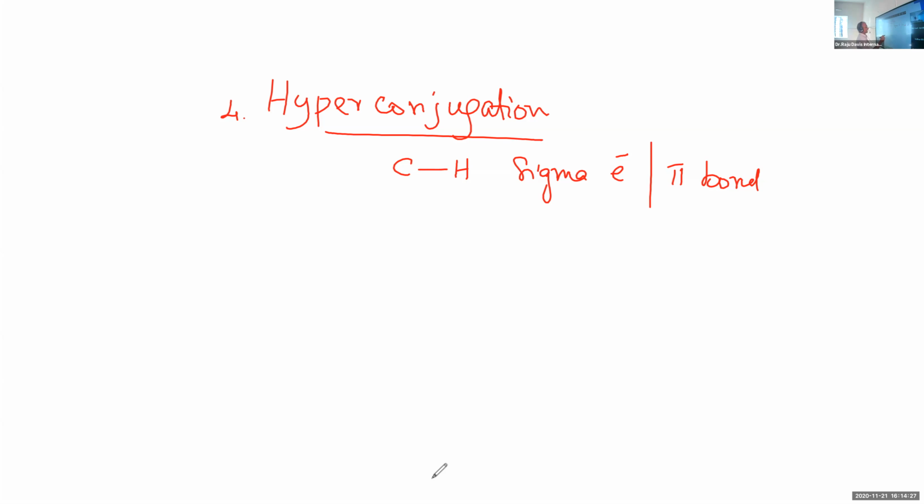Let us take the case of CH3, CH double bond CH2. And this compound is propene. That's our propene.